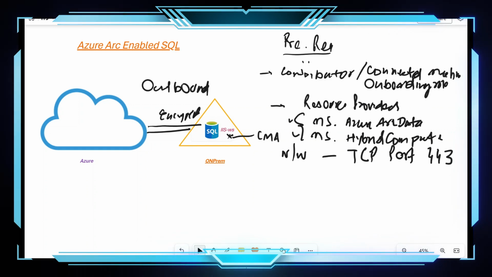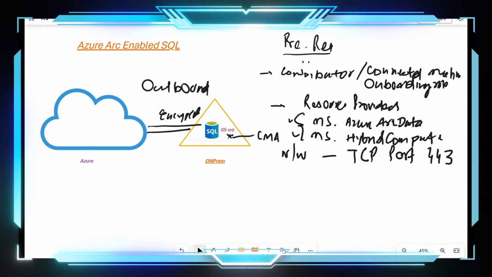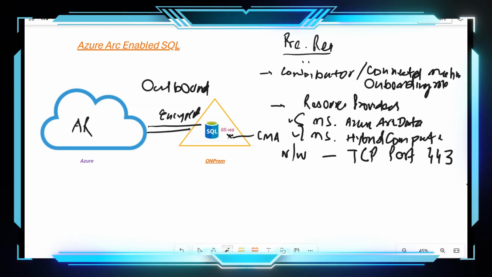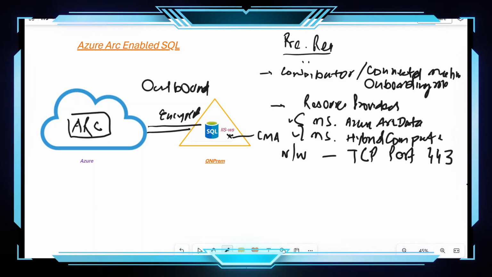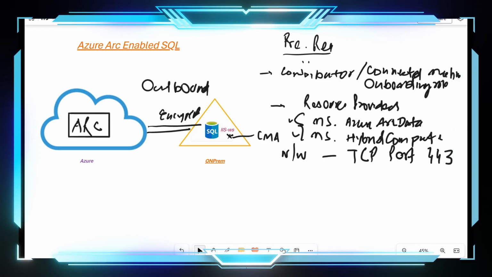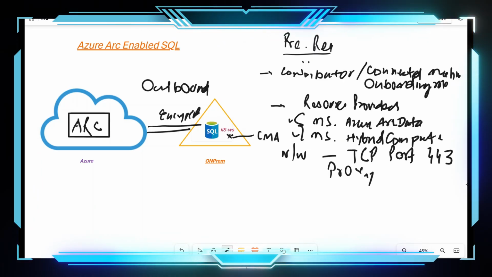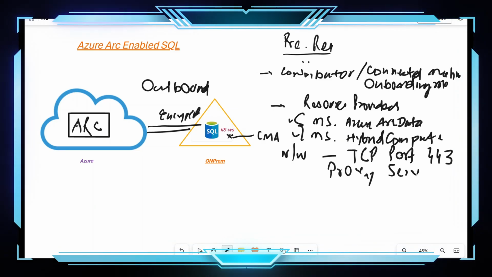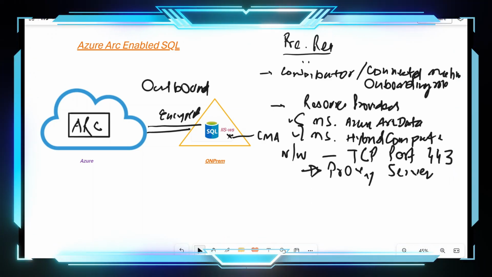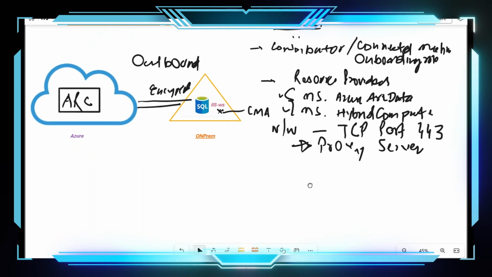By default, this agent is going to use the default route to the internet to reach the Azure Arc service. But you can also configure a proxy server for this agent configuration.